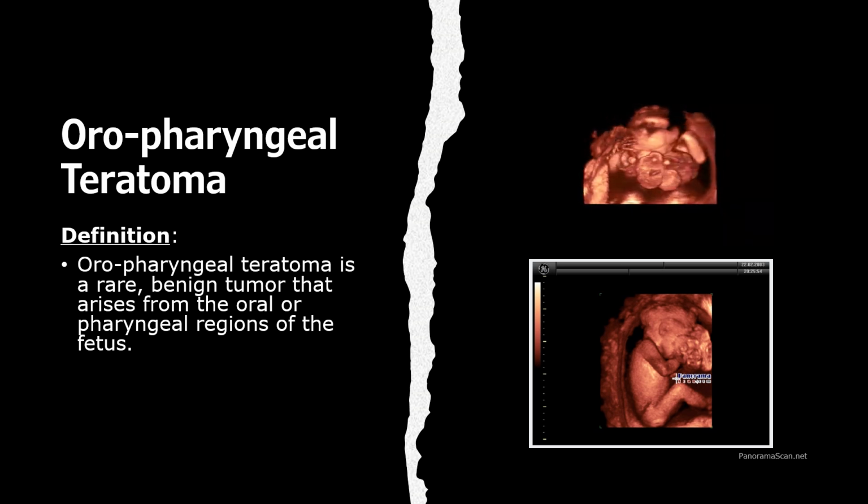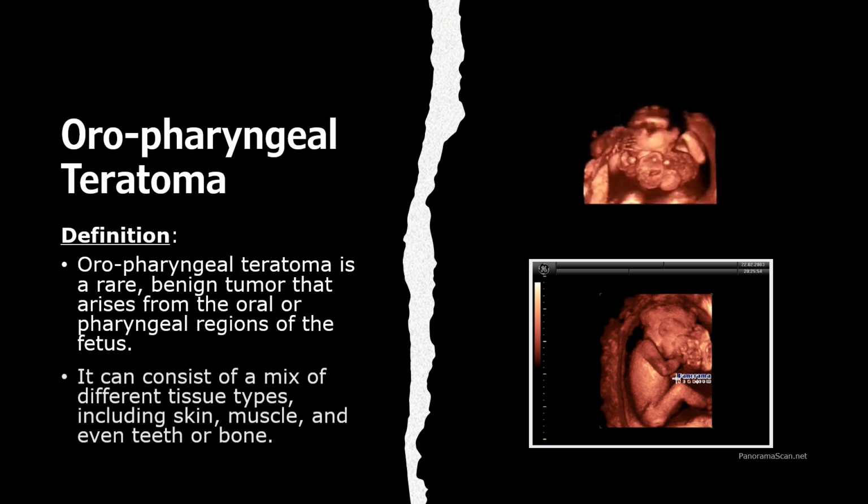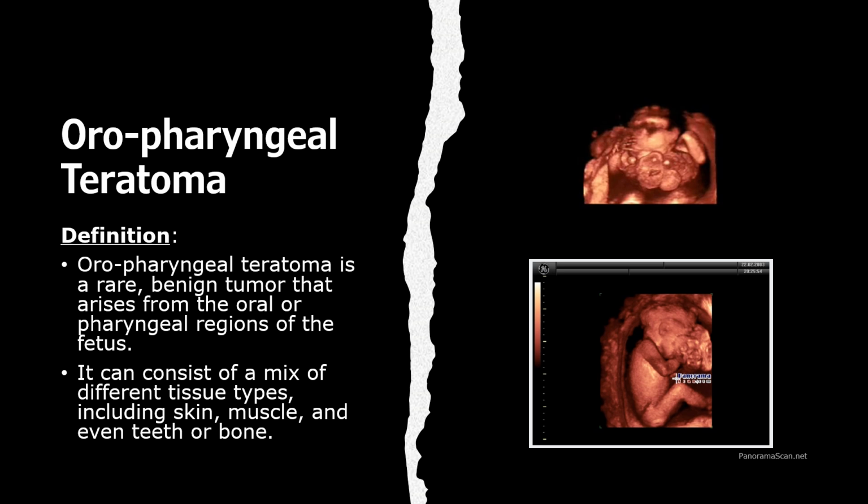The ability to diagnose this condition prenatally is crucial for planning delivery and postnatal care, as larger tumors may require immediate intervention to ensure the newborn's survival. In the next segment, we will be discussing how 3D and 4D ultrasound play a role in diagnosing this rare anomaly.